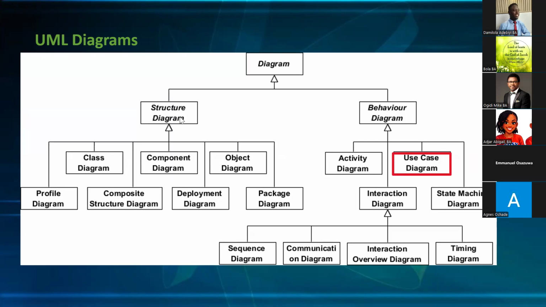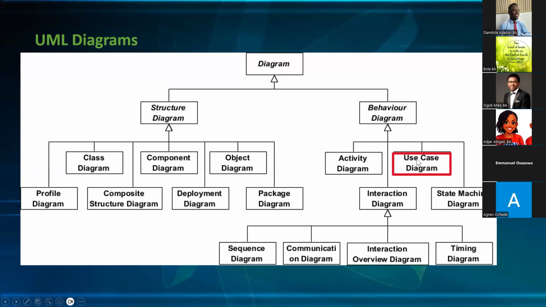You're telling how the system is going to behave, unlike this one that is static. Yeah, you're just talking about how it's going to be presented. Yeah, this one, you can see this activity diagram, talks about your process map. Yeah, but we are focusing on this one. So you see the UML diagram covers all these components.